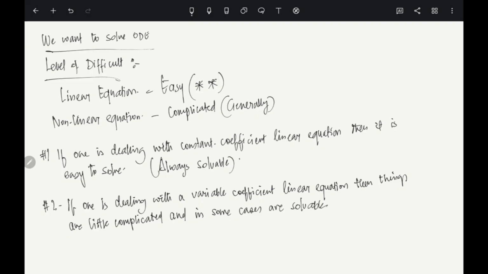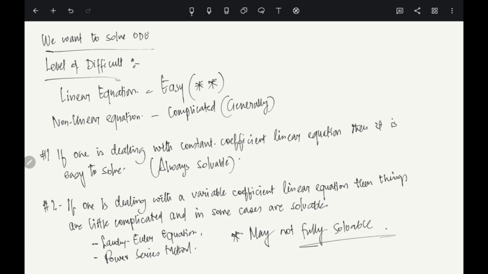Let's say if it is a Cauchy-Euler equation, you can solve it, or there is something called a power series method. For certain equations you can use the power series method to solve it. But please keep this in mind: generally speaking, variable coefficient linear equations are complicated. It may not be solvable, may not be fully solvable.